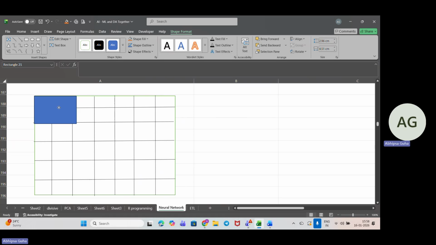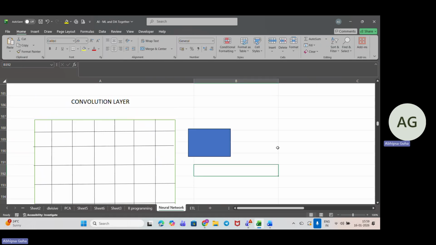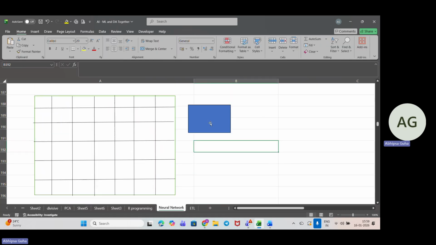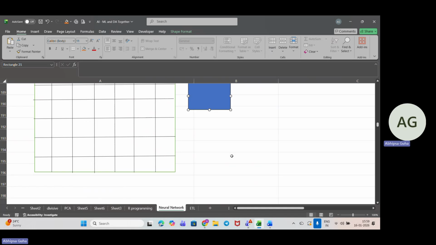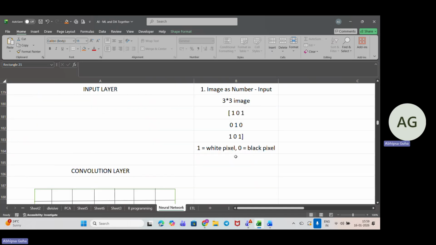The size of the box is small, so I'll go down here. I'll check the pixels accordingly because underneath we have the pixels. Then we'll go here, then here, then here, then here. Like this, it is moving, right? The similar way things happen in the convolutional layer.